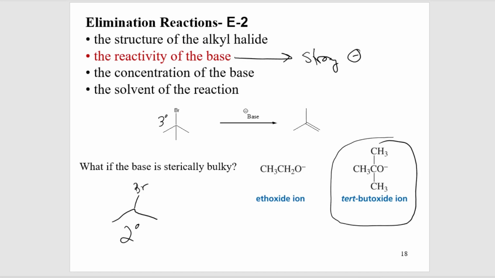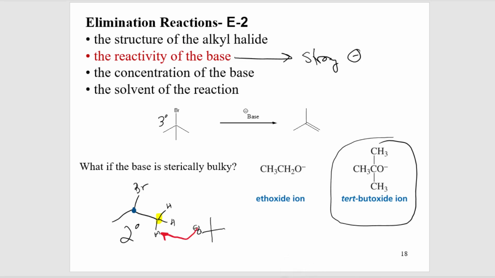Make the base bulky so that it's even harder to get in there and do a nucleophilic substitution. It's more likely to go after one of the hydrogens at the carbon next door, right, if it's big and bulky.